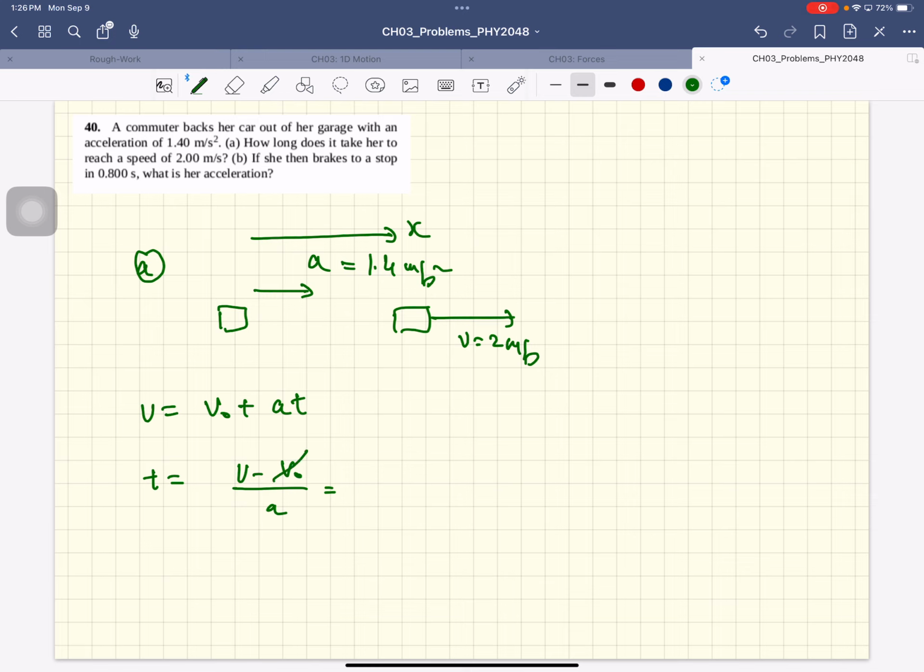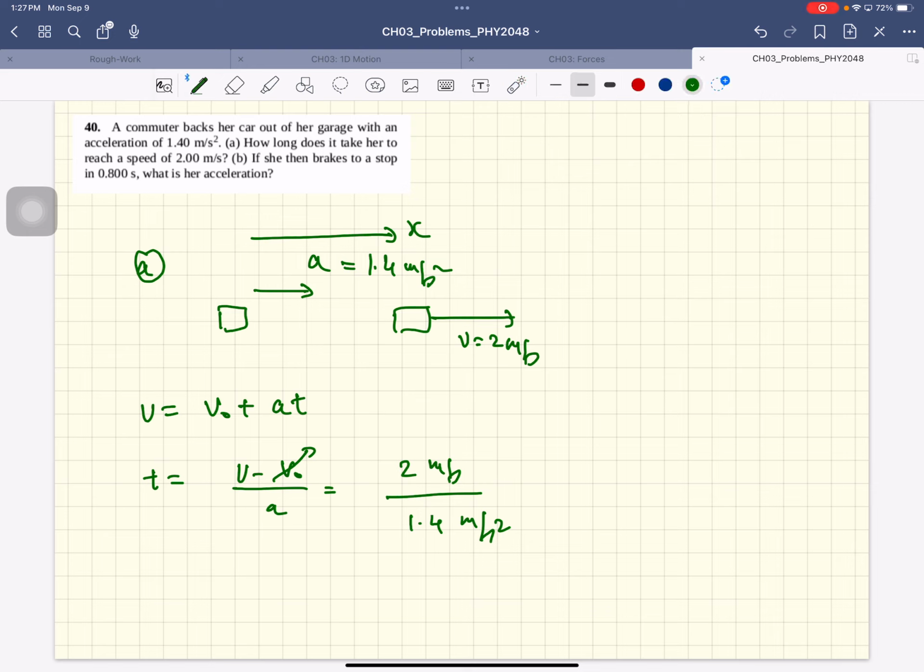Initial velocity was 0. So 2 meters per second divided by 1.4 meters per second squared. You'll get meters per second will cancel with meters per second, and one over a second will come up there.